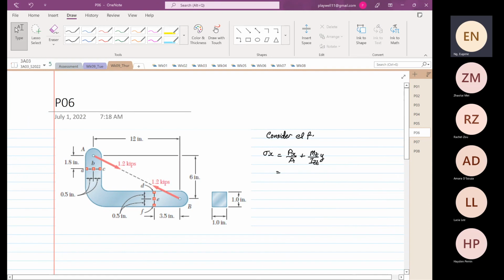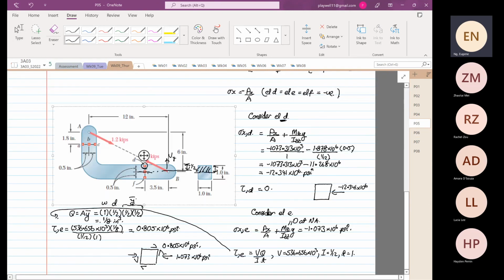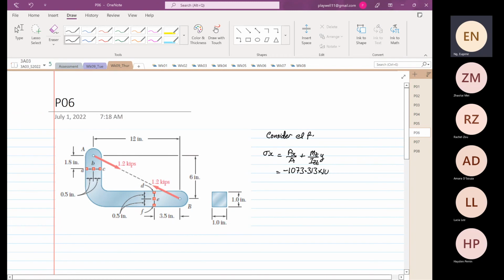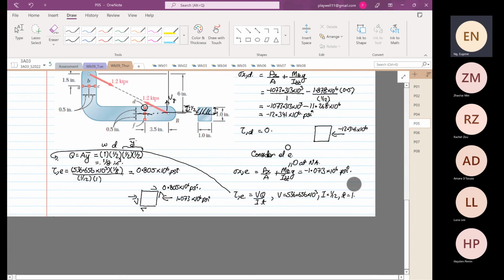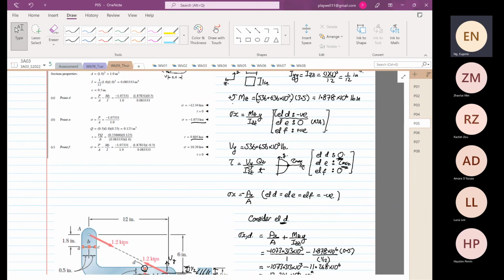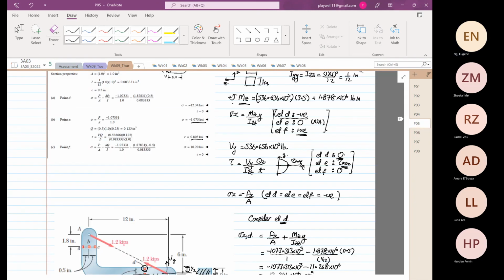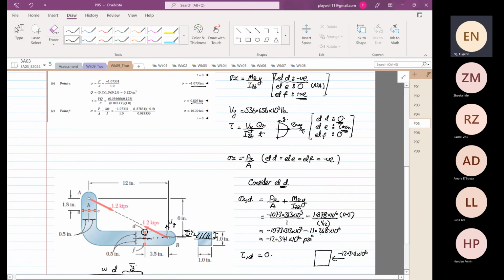The Px again we have calculated already. So Px is minus 1073.313 times 10 to the power 3. Now, the moment about Z, that's where this is so useful. If you look at here, the moment about Z is going to induce a positive stress at point F. So this is plus now, and the value to add is 11.268. Why 11.268 also? Because the y distance is the same for point D and point F.